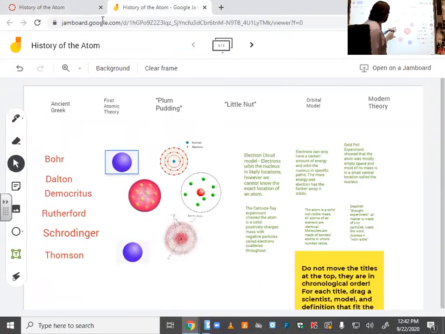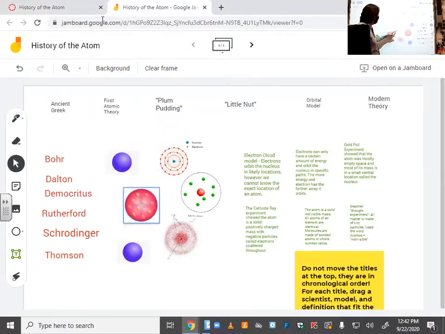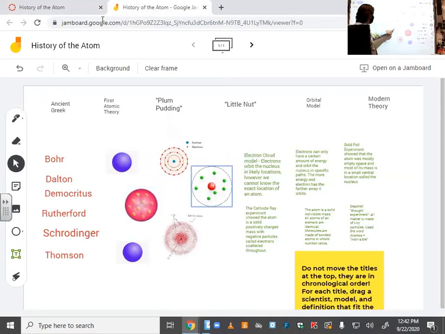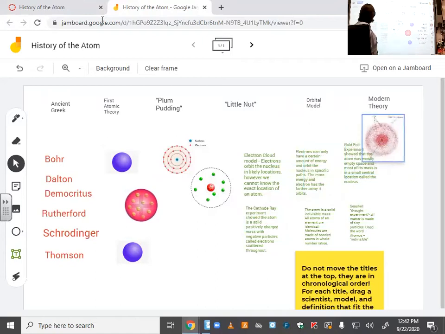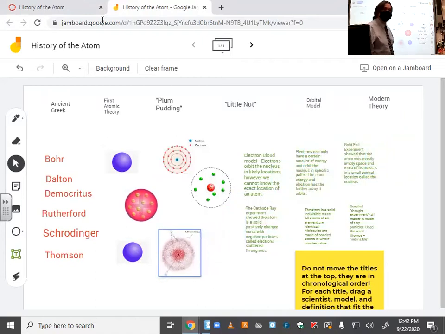Whereas later on, you had discovery of other things, and you've got to check that out. The plum pudding model, there it is. The little nut, the nucleus, the orbital model looking like planets, and the electron cloud model, which is our modern theory. I'm not looking for a page essay on history of the atom. I'm looking for big picture stuff.